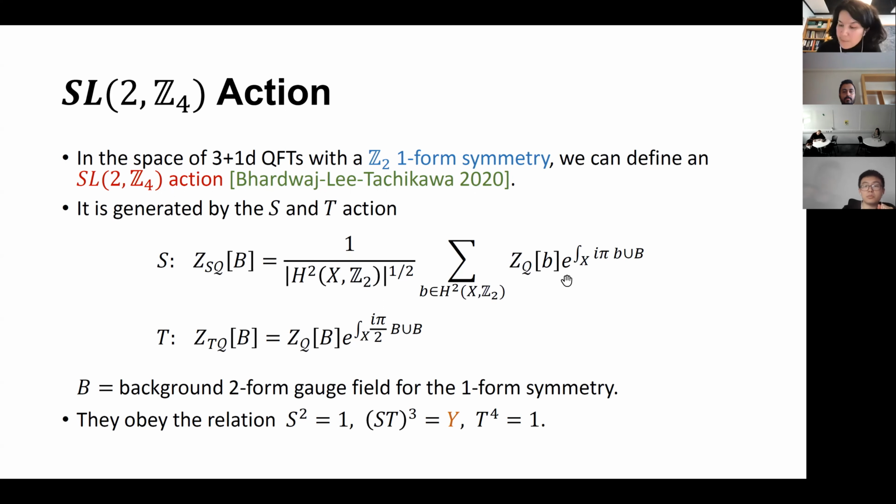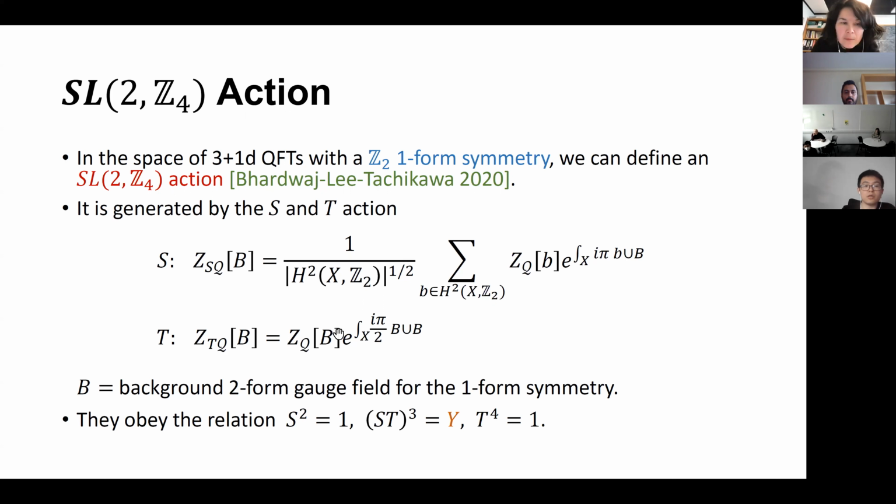When I say gauging a symmetry, I mean that I want to sum over the partition functions in the presence of all possible Z2 two-form gauge fields. And in the sum, I'm allowed to introduce a phase which tells us how the background gauge field B is coupled to the quantum Z2 one-form symmetry.